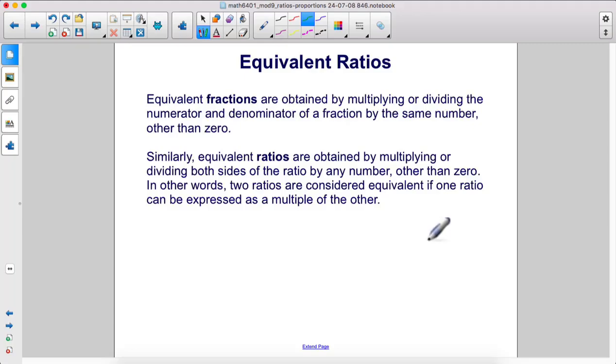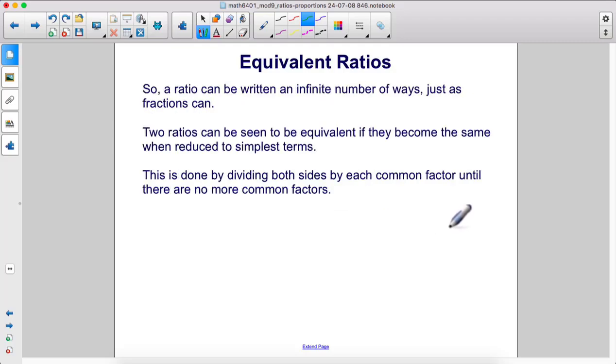Equivalent fractions are obtained by multiplying or dividing the numerator and denominator of a fraction by the same number, other than 0. Similarly, equivalent ratios are obtained by multiplying or dividing both sides of the ratio by any number other than 0. In other words, two ratios are considered equivalent if one ratio can be expressed as a multiple of the other.